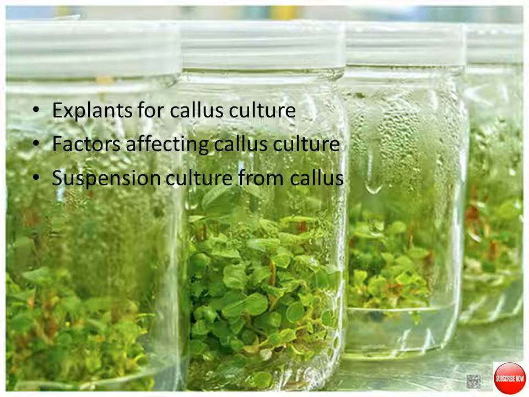So this creates anaerobic condition and ultimately the cells may die. Because of this reason, suspension cultures have to be agitated by a rotary shaker. Due to the agitation, the cells get dispersed. So these are some of the explants for callus culture, then the factors which are affecting them, and the suspension culture.